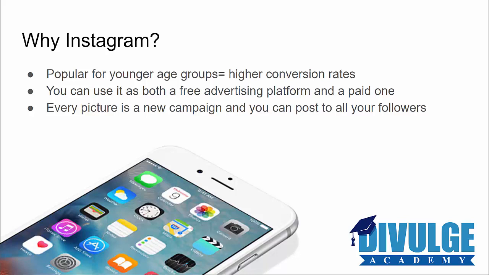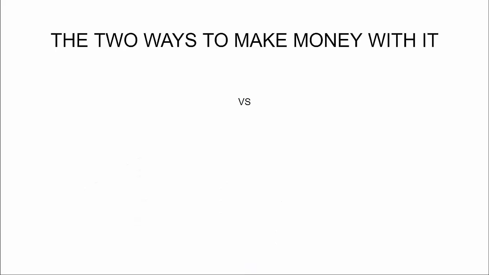And if you're running ads on Facebook, it's a video or a picture that's the same over and over again. But here on Instagram, every single post is going out to all your followers. So each post is almost like a new advertisement for your company. If a person wasn't convinced at the first one, they're going to slowly get convinced the more they see your ads.